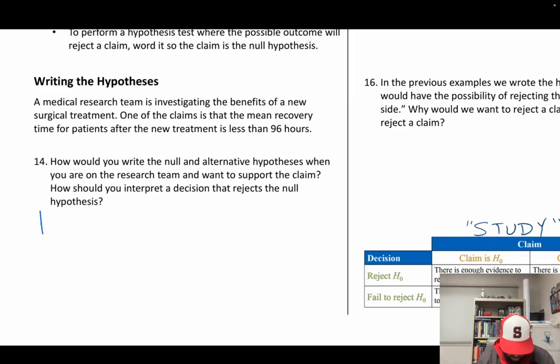So they want less than 96. Then our null is going to be greater than or equal to 96, and our alternative is less than 96. And we want our claim to be the alternative.